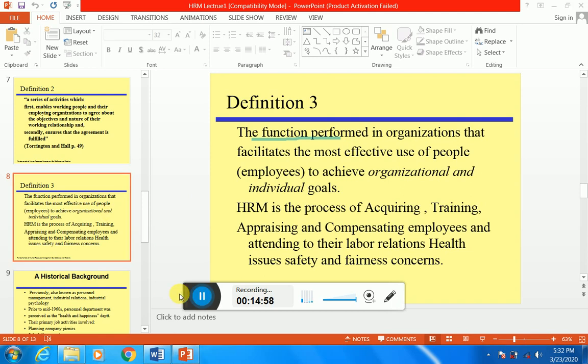The term human resource management is actually a combination of two terms, human resource and management. Human resource is the human component of an organization, generally regarded as personnel or employees, while management is a process of achieving an organization's goals in an effective and efficient manner.